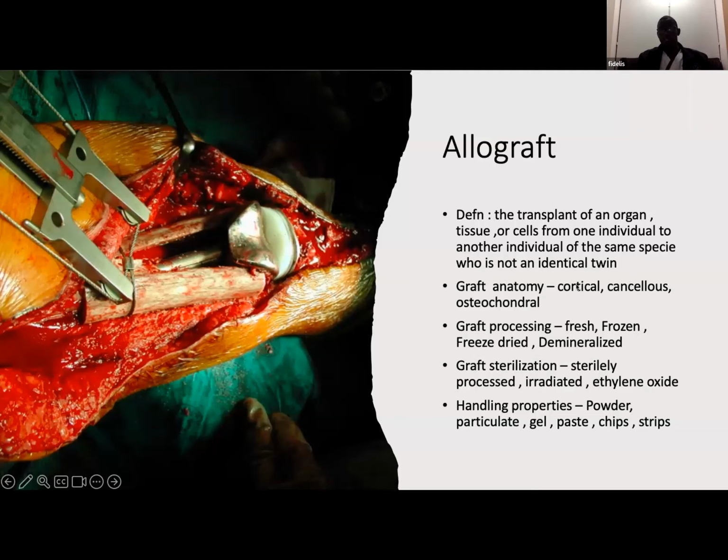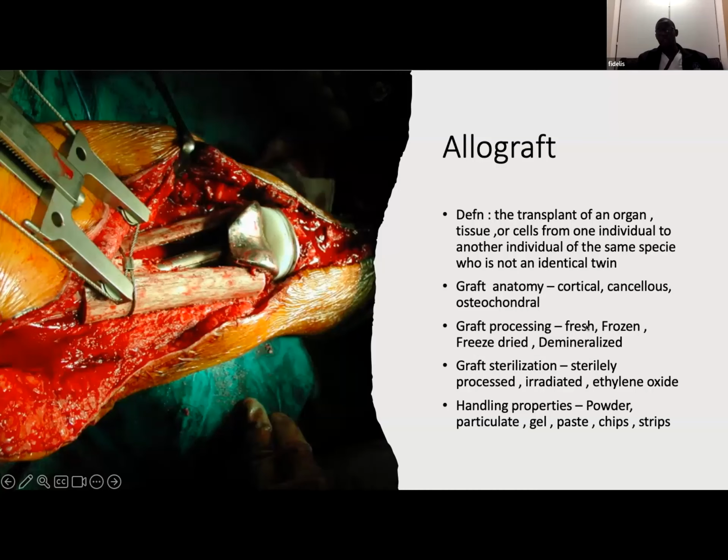Allografts can be cortical bone, cancellous bone, or osteochondral grafts. Osteochondral grafts are usually used in oncology when they're doing distal femur replacements and stuff like that. And then it also differs in terms of how it's processed.